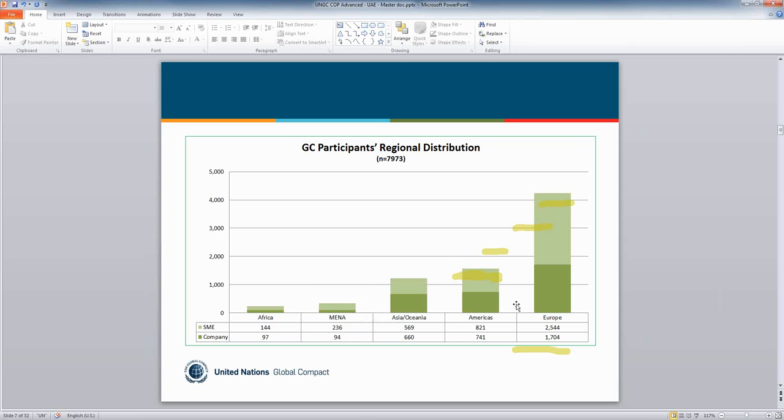The reason why I wanted to show this chart in this webinar is because the main message that these numbers give is how big of an opportunity this is for companies in all regions, but mostly the regions where there's less representation, to join the Global Compact.